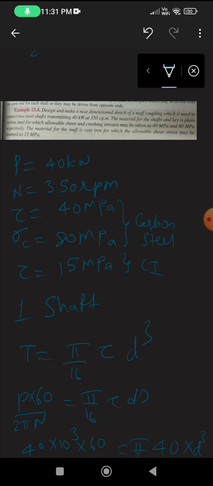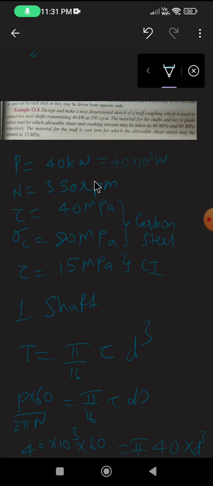As this example says, design and make a neat dimensioned sketch of a muff coupling which is used to connect two steel shafts transmitting 40 kilowatt at 350 rpm. So power is given as 40 kilowatt, so we can write 40 into 10 raised to 3 watt at 350 rpm.